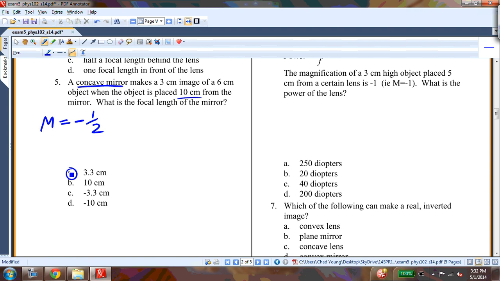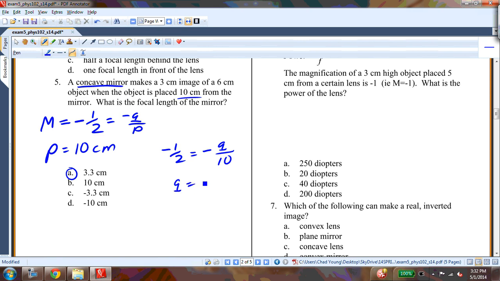Well, let's go ahead and work through this. If my magnification is equal to negative 1/2, I want to know the focal length of the mirror. I know that P is equal to 10 centimeters. M is equal to negative Q over P. So negative 1/2 is equal to negative Q over 10 centimeters.